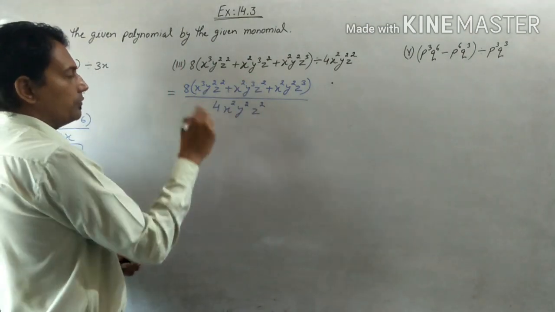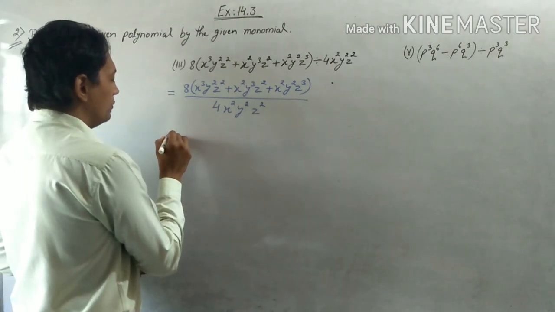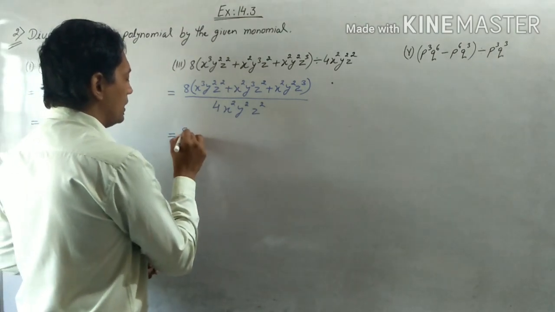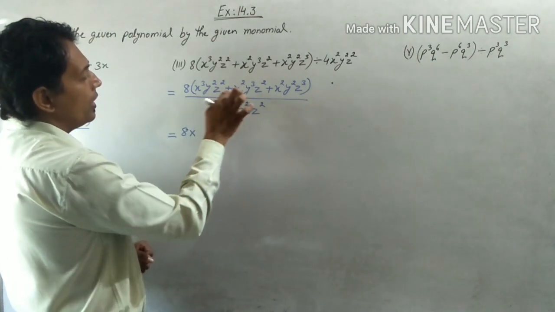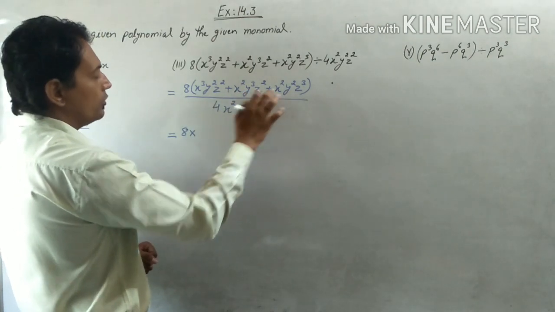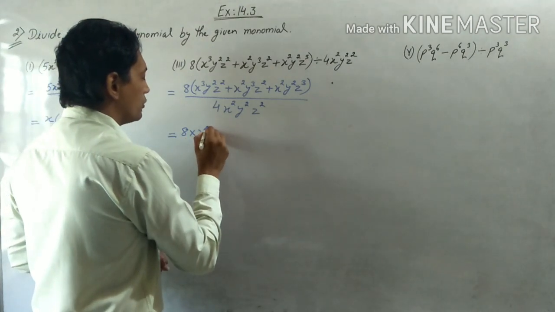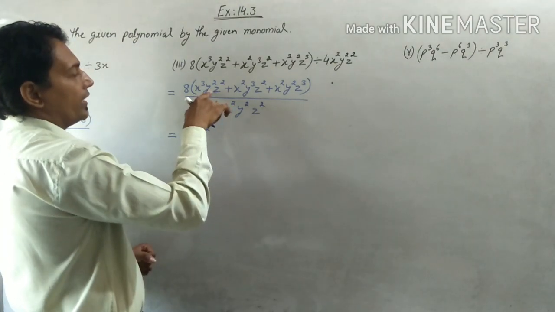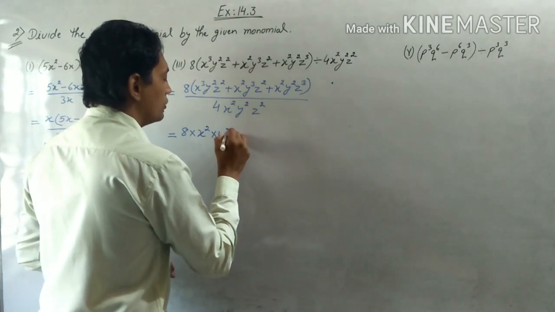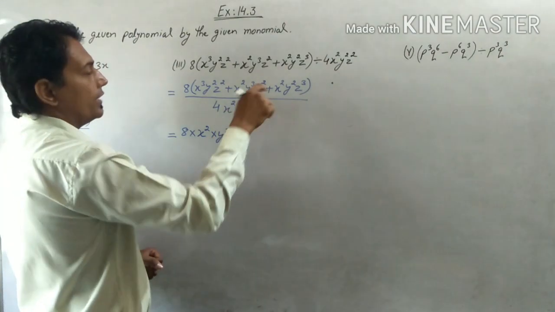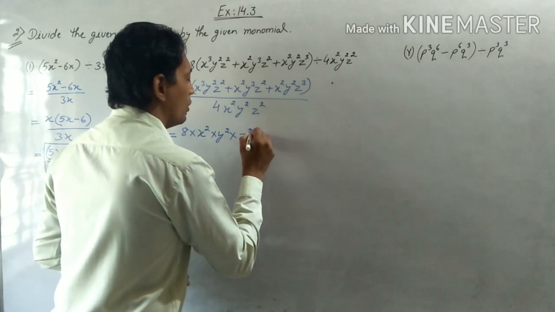Now we need to take some of the common factors outside. So let's just write 8. As you can see, students, there is x cubed here and x squared here, so you can take out x squared as common. In the same way, y squared can be taken out from all the three terms, and z squared can also be taken as common.